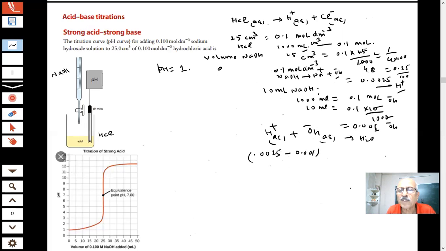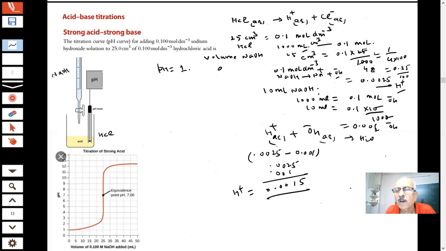If I subtract 0.0025 minus 0.001, it comes to 0.0015. So you are left with 0.0015 moles of H plus.